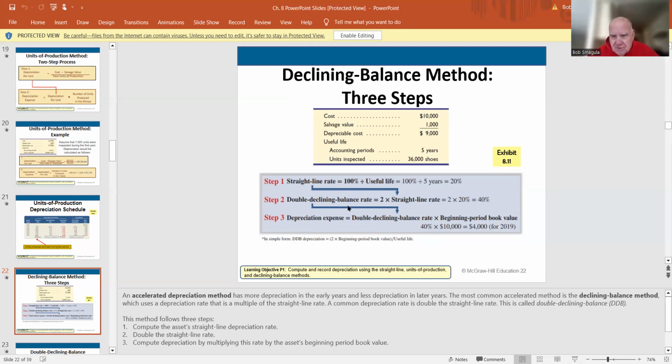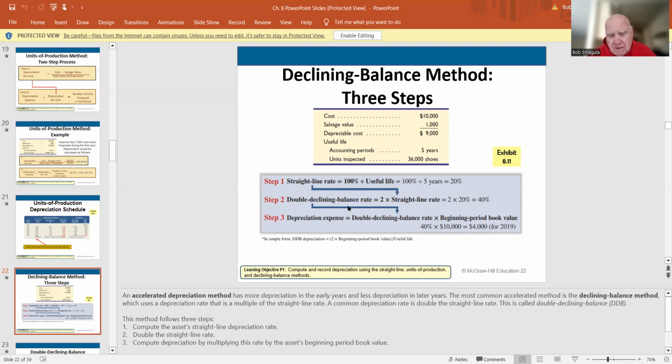Double declining balance. The reason we call it double declining balance is because it's always double whatever the straight line rate would be. On the test, you'll probably get a question along the lines of: a company is depreciating their asset for 4 years on the straight line.